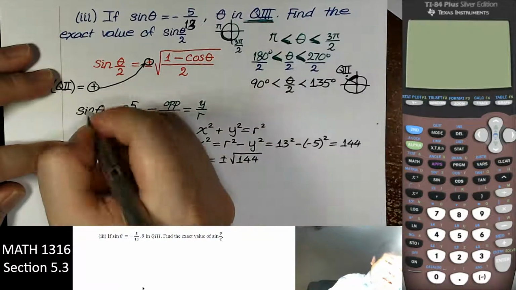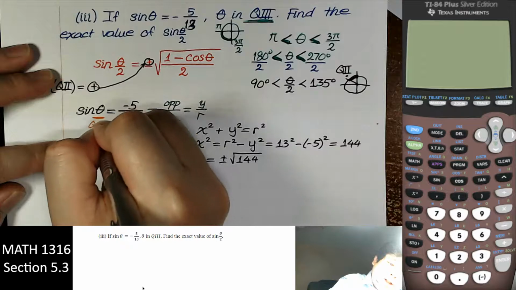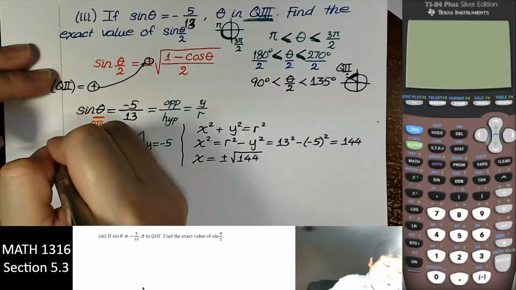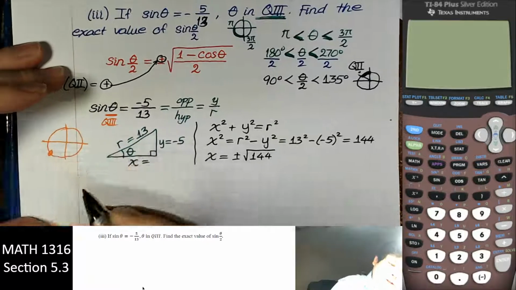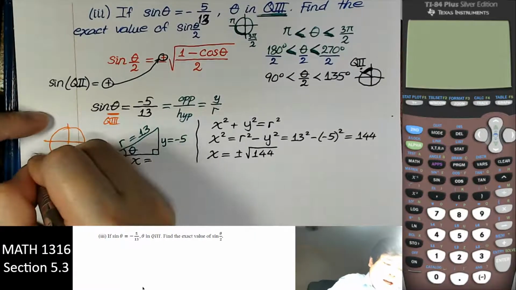Remember, theta is in quadrant 3. In this part, x is negative.